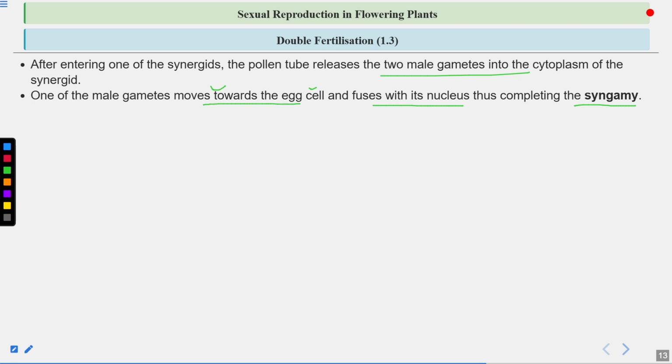Are the male gametes cells or nuclei? Actually, it is a cell only, but it has a very small amount of cytoplasm. Only a small bit of cytoplasm is attached with this male nucleus. So basically, it is called the male nucleus.